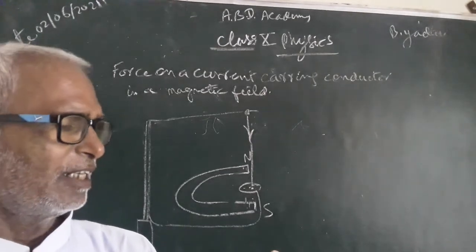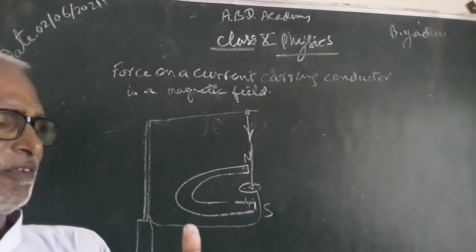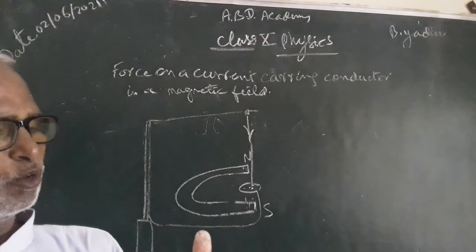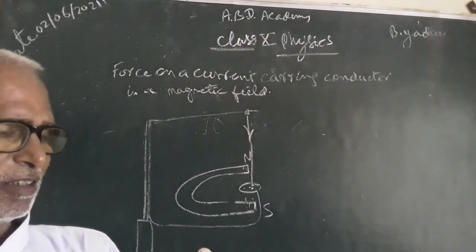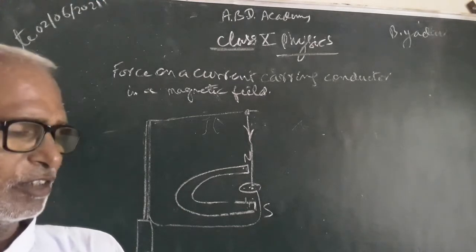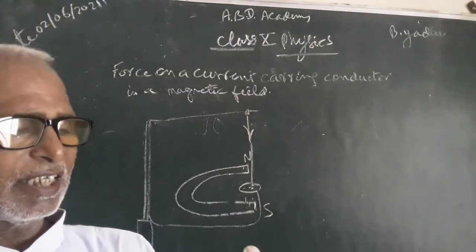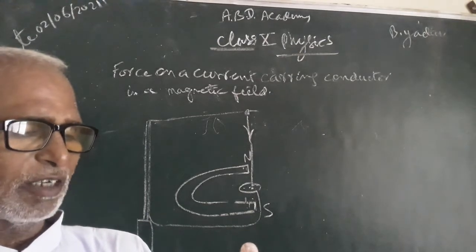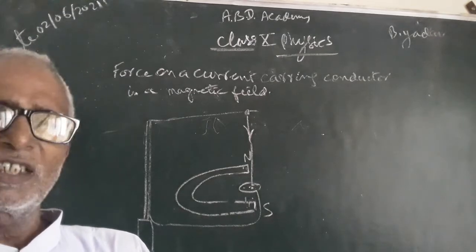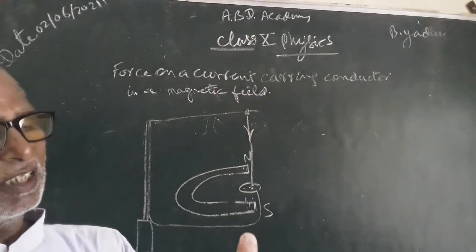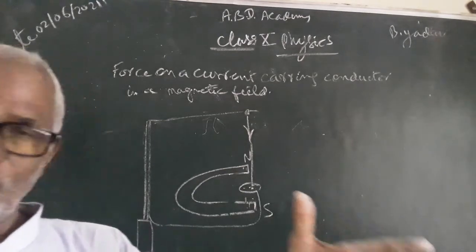He explained that if the first finger of our left hand shows the direction of the magnetic field, north to south, and current is shown by our middle finger, then there will be motion in the direction of the thumb if the three are mutually perpendicular to each other.